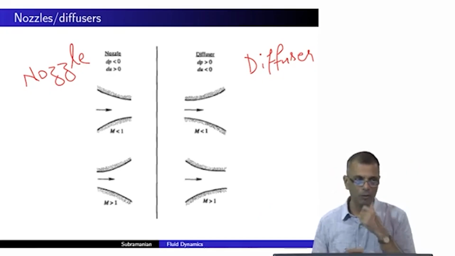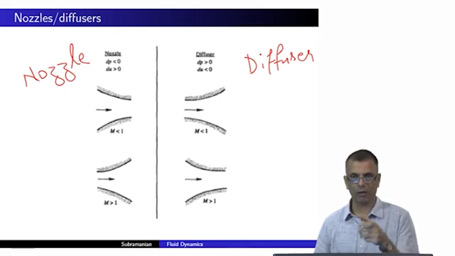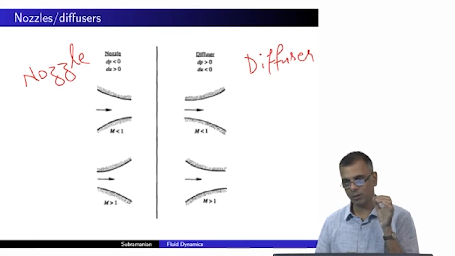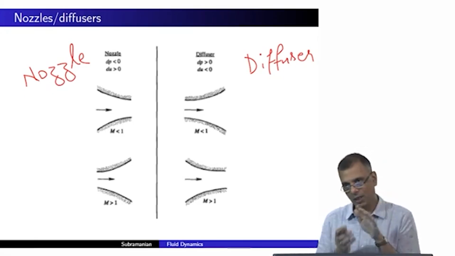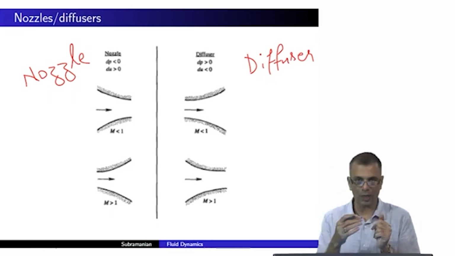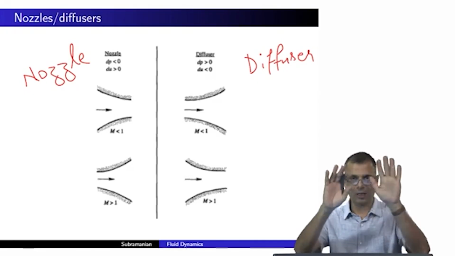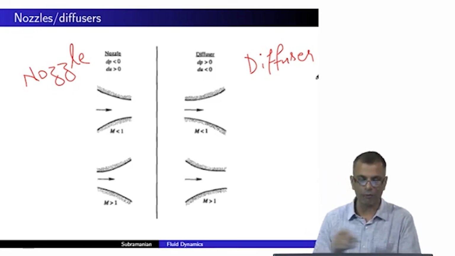For instance, if you were trying to spray paint something, you don't want a nozzle. You inject the paint at high velocity, and then you want the paint to diffuse when it flows out, so that the droplets cover a large area. That's what a diffuser is.